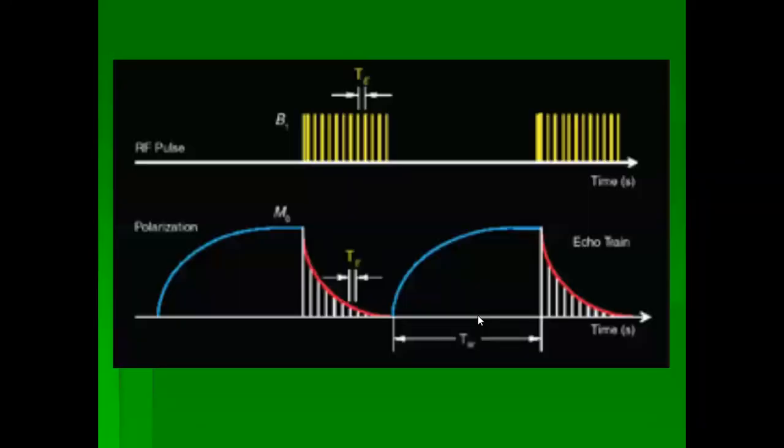Also, you can see a summary of the stages for NMR acquisition, starting with the polarization step. This is the polarization step here with a time constant T1, and then the free induction decay with a time constant T2. Also, the distance between successive pulses here is T echo.